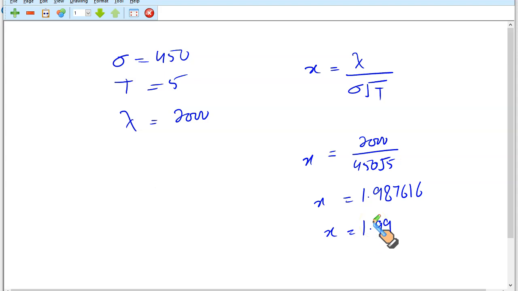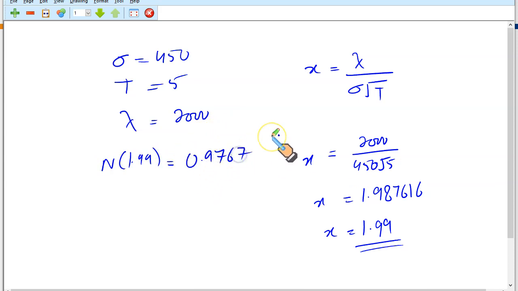Now if you look this number up in the Z table, 1.99 is going to be 0.9767. Now coming back to the formula that will give you the probability of default, the formula is 2 into 1 minus N(x), which we have calculated as 0.9767.